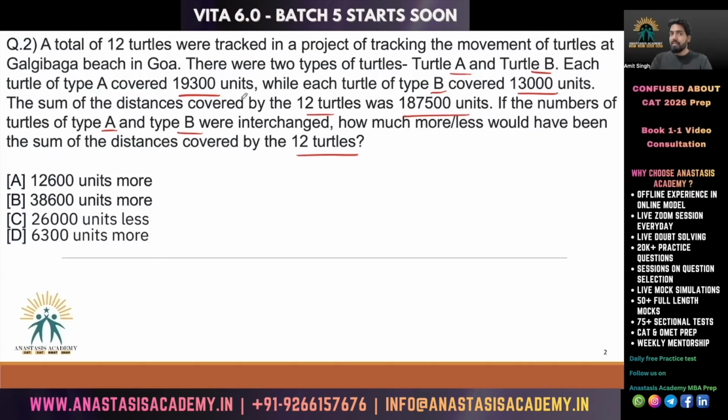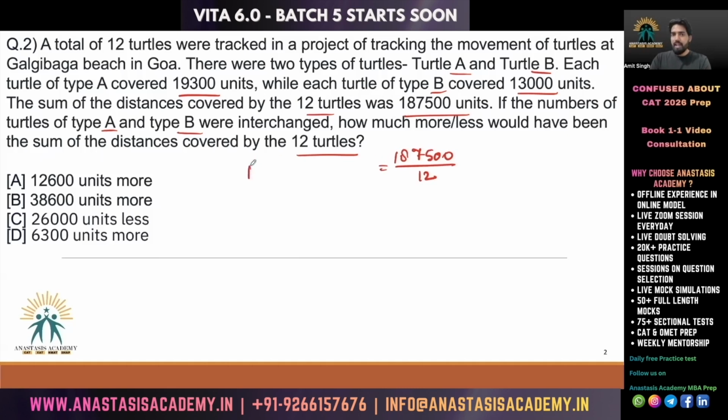And the average distance covered by each turtle would be 187,500 divided by 12, because these 12 turtles covered a total of 187,500 units.